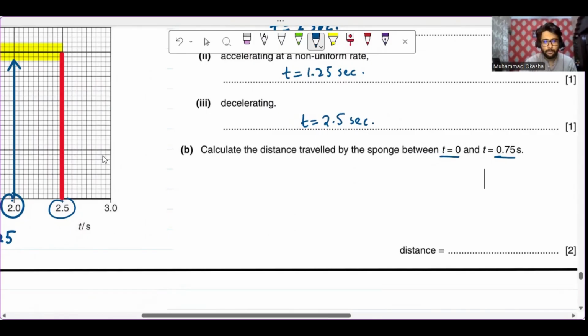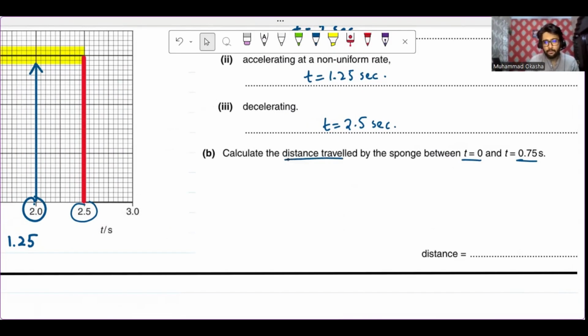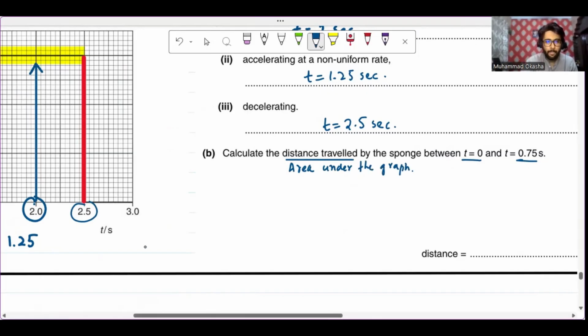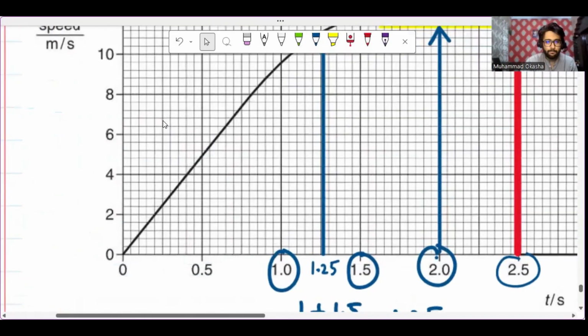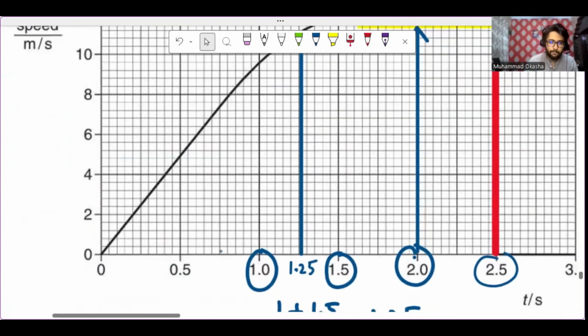Calculate the distance traveled by the sponge between t equals 0 and t equals 0.75. This is a speed-time graph, and we want the distance traveled, which means we're looking for the area under the graph. From 0 to 0.75, I'm going to draw a line.